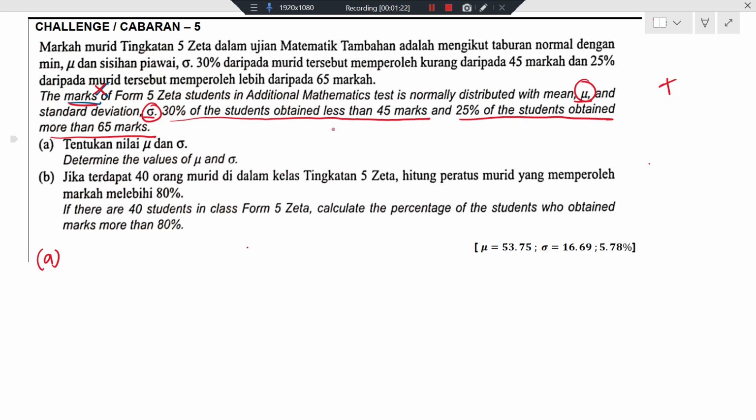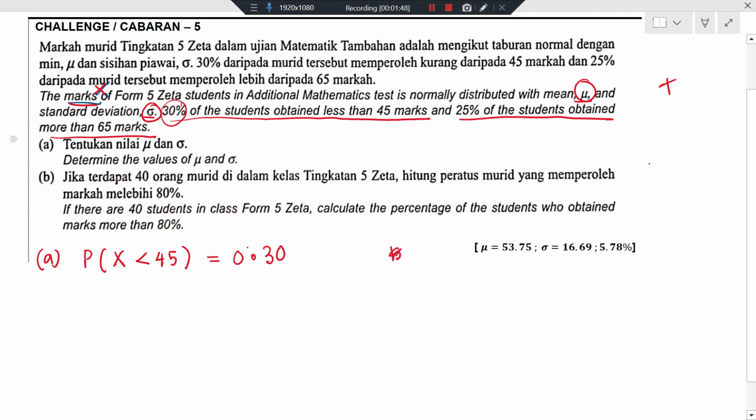For the first one, 30% is your probability. Remember, anything they give in percentage, it is the probability. The probability of the student obtaining less than 45 marks, you need to know how to write that. X less than 45. Don't bother with the equal sign. So this is equal to 30%, which is 0.30.